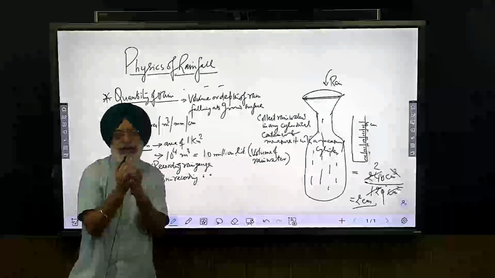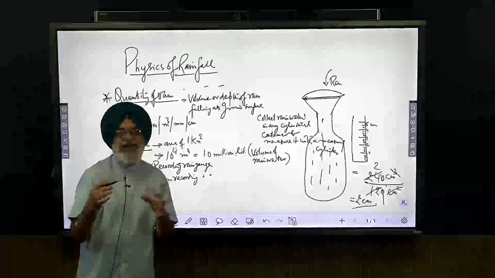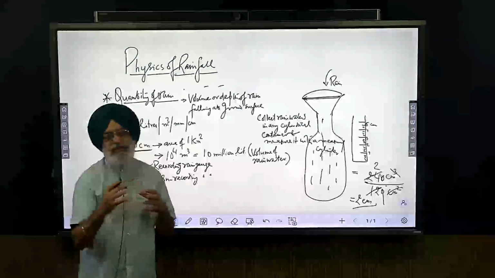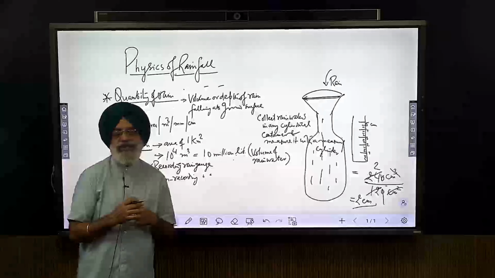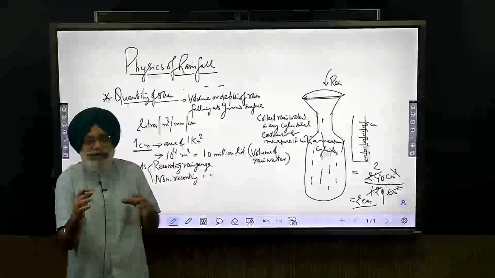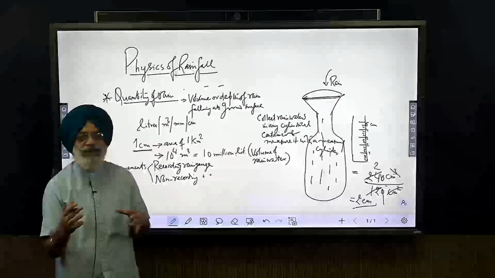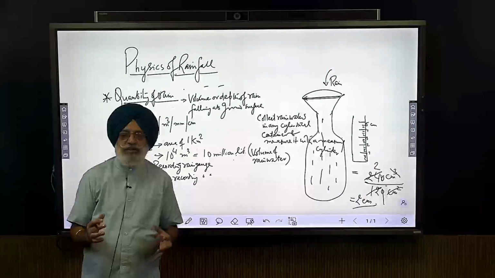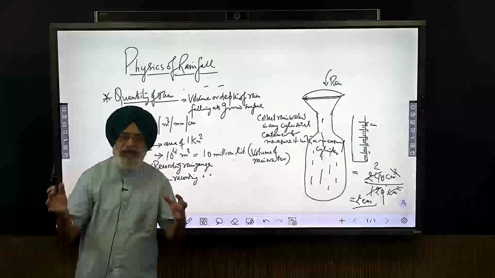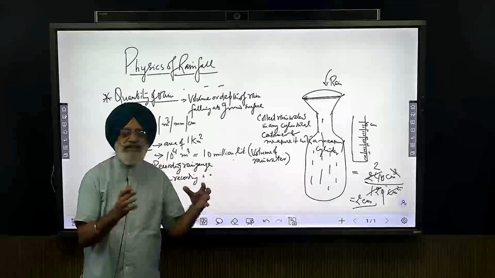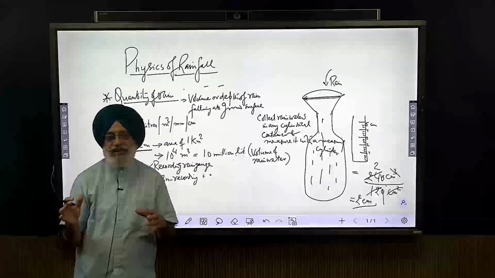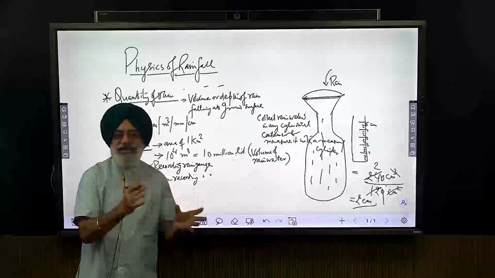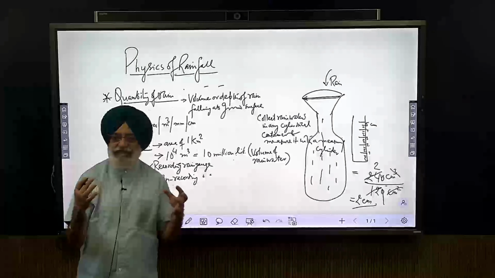We are not concerned mainly if somebody says today 10 million liters of rain occurred, that does not convey any meaning. 10 million is just on an area of 1 square kilometer. So, it does not convey on what area 10 million liters of rain water fell. On the other hand, if I say 1 centimeter of rain occurred, that is understandable.